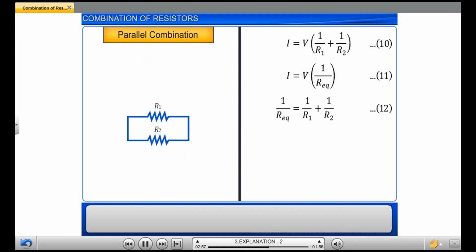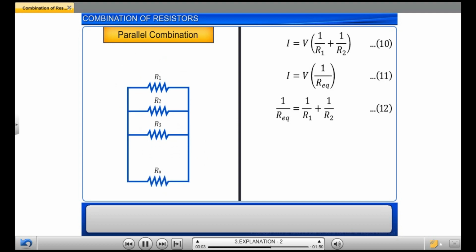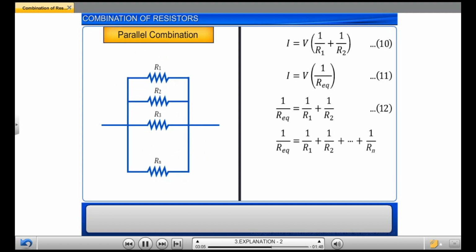Similarly, when there are n resistors connected in the parallel combination, we can write 1 by Req is equal to 1 by R1 plus 1 by R2 plus and so on up to 1 by Rn.